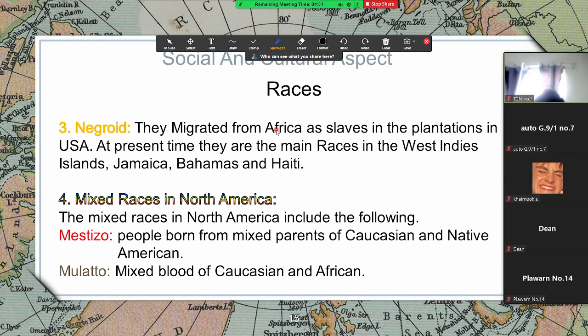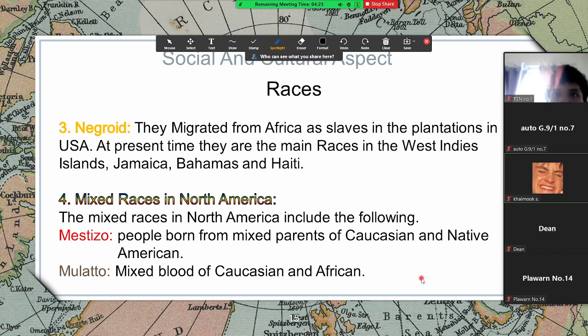Next, mulatto. Mulatto is mixed blood of Caucasian and African, a combination of number 2 and number 3.